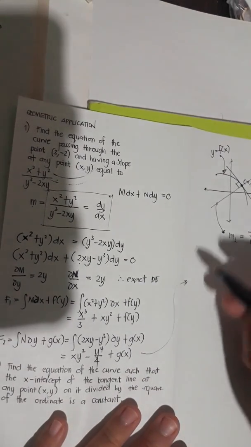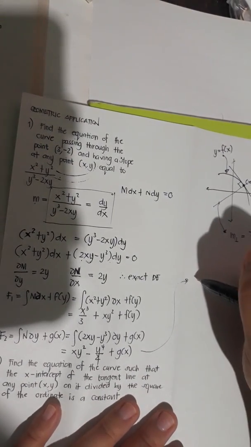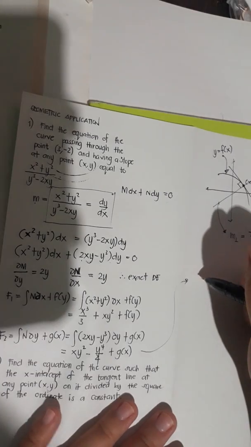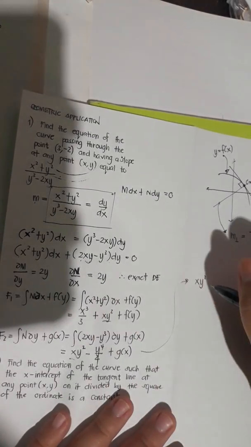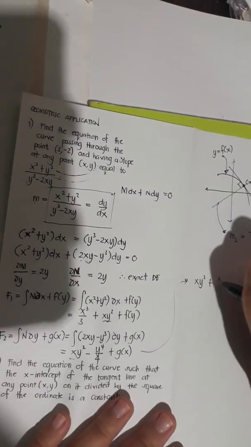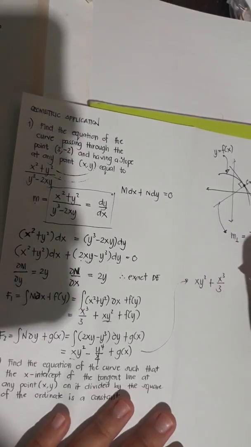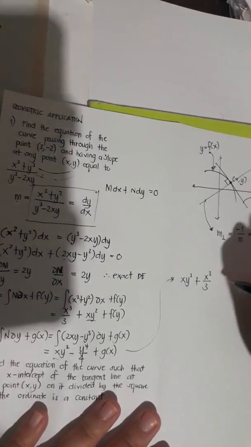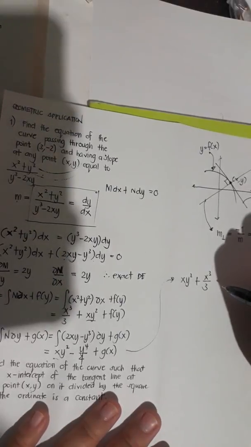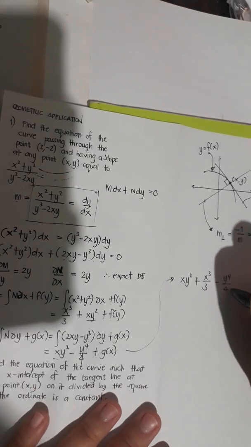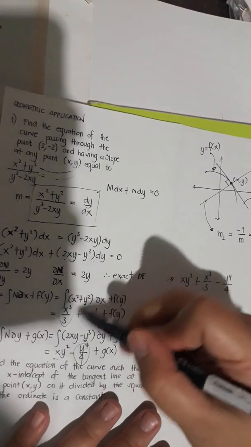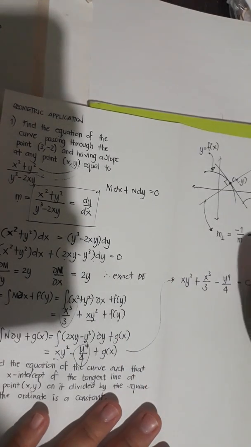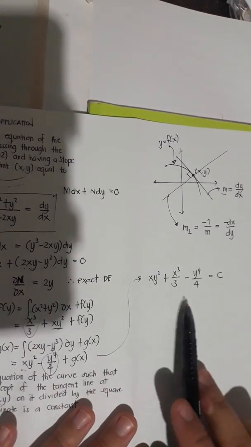Therefore the general solution will be: you have the common term xy squared, plus x cubed over 3, then minus y raised to 4 over 4 as f of y. This is the f of y, this is the g of x, and this is equal to c. So this is the general equation.